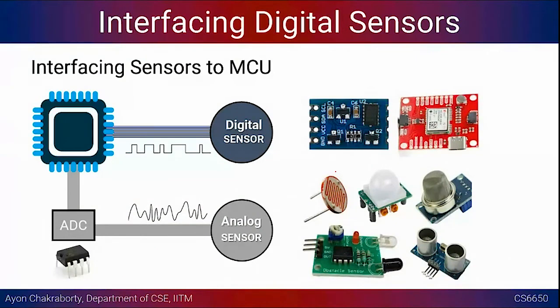Just to recap these things in your mind, we were talking about two types of sensors. One is the analog sensor that was going to the microcontroller via an ADC to convert the analog samples to digital form. And we spent a lot of time understanding quantization and how to program the ADC and so on.